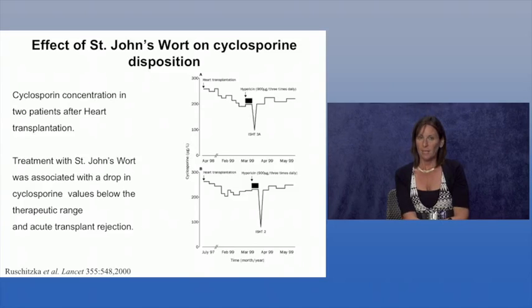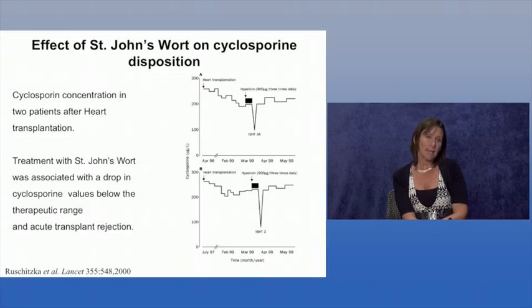It represents an experience with two patients, both of whom had received heart transplants. Now, I said previously that people who are transplant recipients are commonly managed, or I should say always managed, with immunosuppressive therapy. One immunosuppressive drug, which has been for many years the mainstay of therapy for many patients who are organ recipients, is cyclosporin, an immunosuppressive agent.